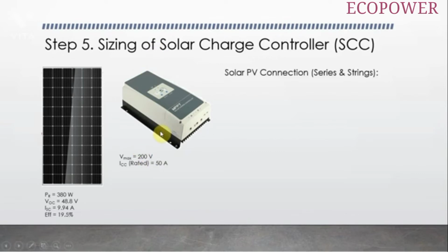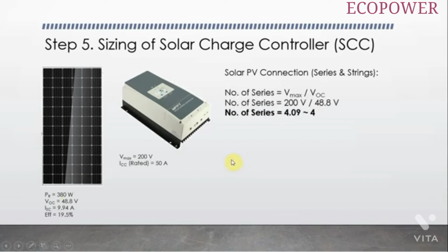To calculate the number of solar panel series connections, divide the Vmax, which is 200 volts, by the open circuit voltage of the solar panel, which is 48.8 volts. The result would be 4. So we need 4 pieces of the solar panel connected in series.